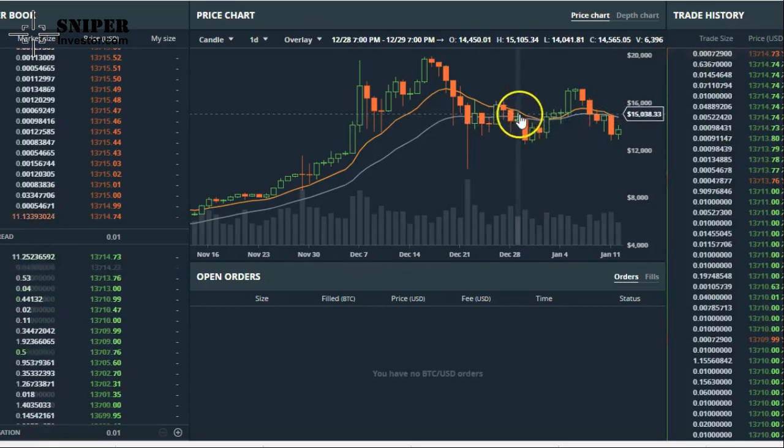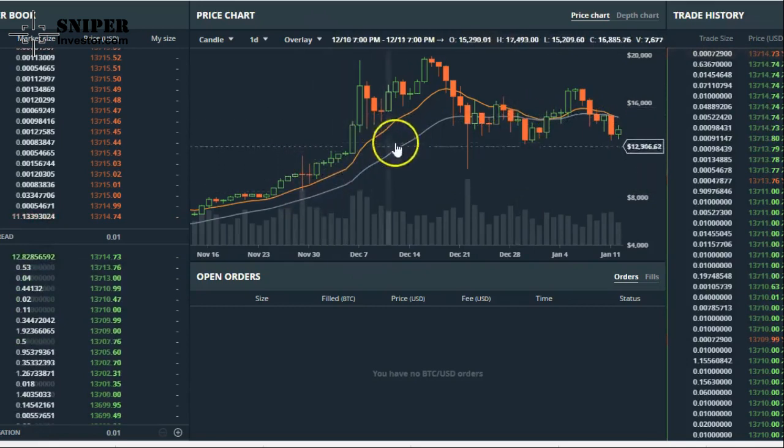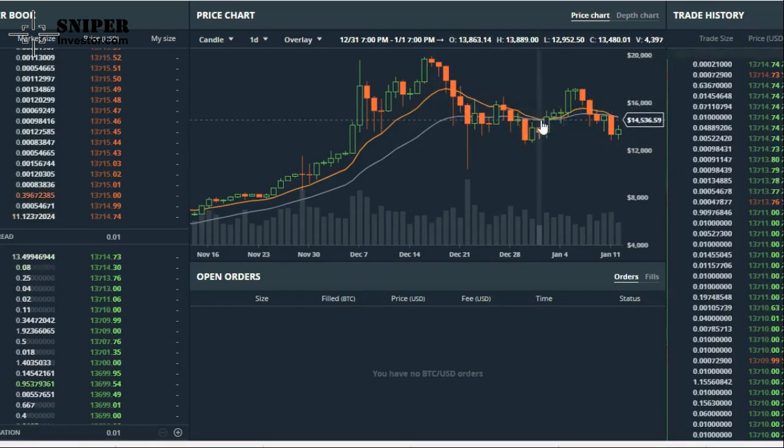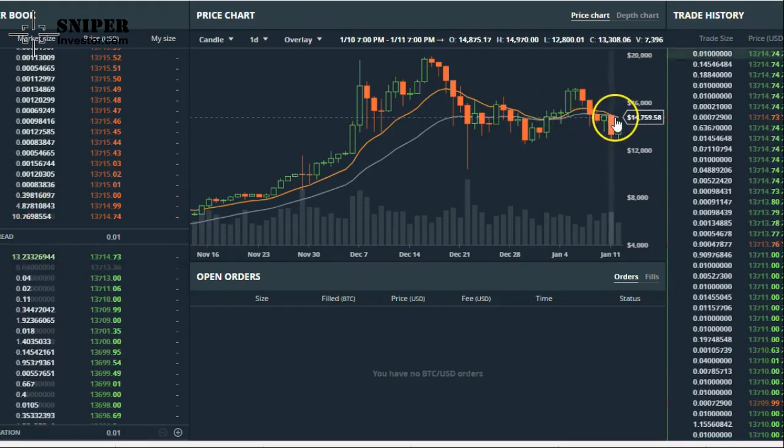You're also looking for crossovers. There's not enough data on this GDAX platform, and that's one drawback to it, very little data. The moving average does not cross over here. It touches the 12. The 12 touches the 26 and almost crosses over. We may get a crossover here in the next day or so.